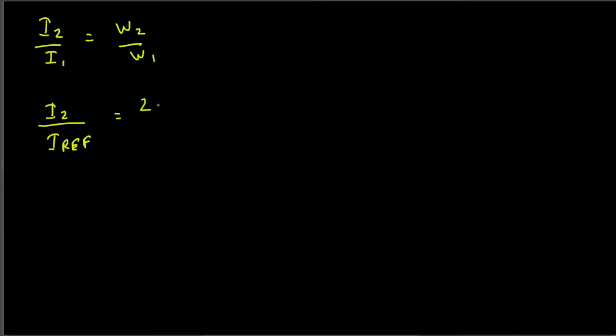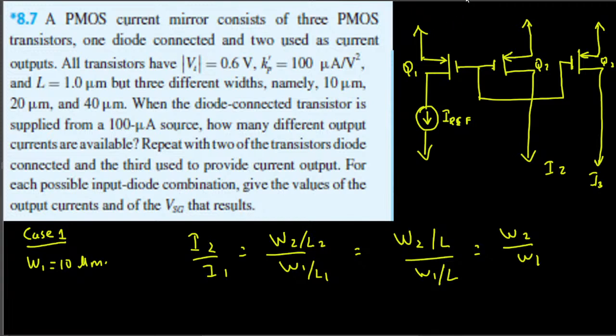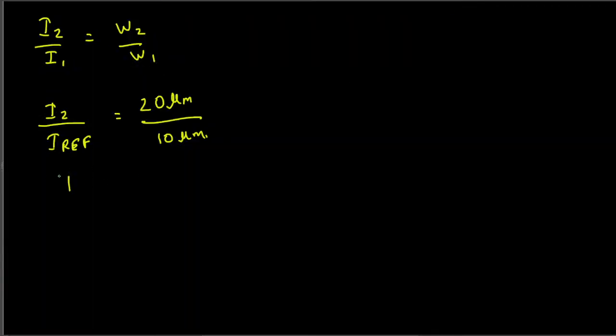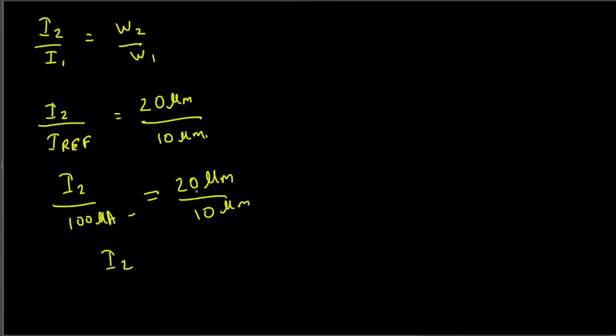So this is 20 micrometer over 10 micrometer, and I reference is given in the question, that's 100 microampere, so I can place that as well. So I2 over 100 microampere is equal to 20 micrometer over 10 micrometer. So this is 20 over 10, that's going to be just 2 times 100, that is 200 microampere.